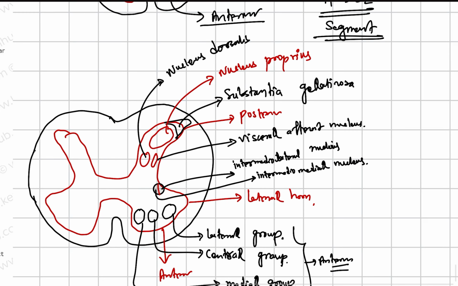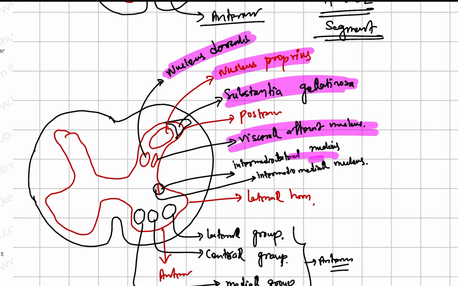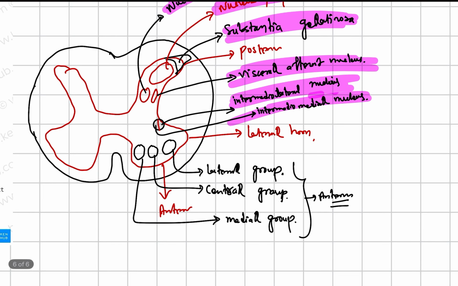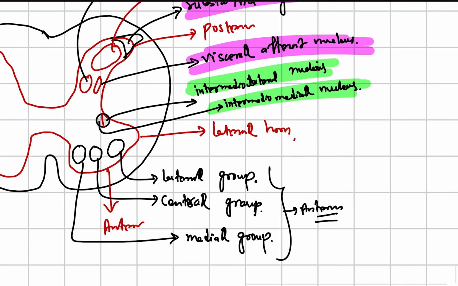So when we color them, these are the posterior group, and these are the lateral. These are the intermediate group of column. And these are the lateral group, the anterior group. I forgot to change the color, sorry. These are the anterior group of the nucleus.